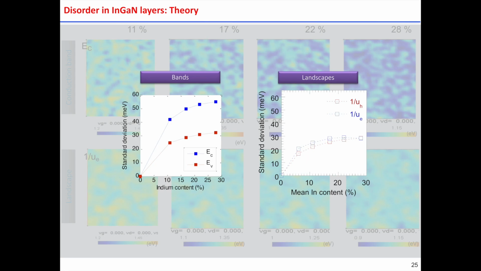You have to go below 10% to see really what would happen and how the disorder builds up. But this is not yet done. This is where the interesting region would be. Going above 10%, 15% and up doesn't change much because you have larger fluctuations, but as they are shorter range, you have more quantum confinement, more quantum tunneling, and this smooths out everything.